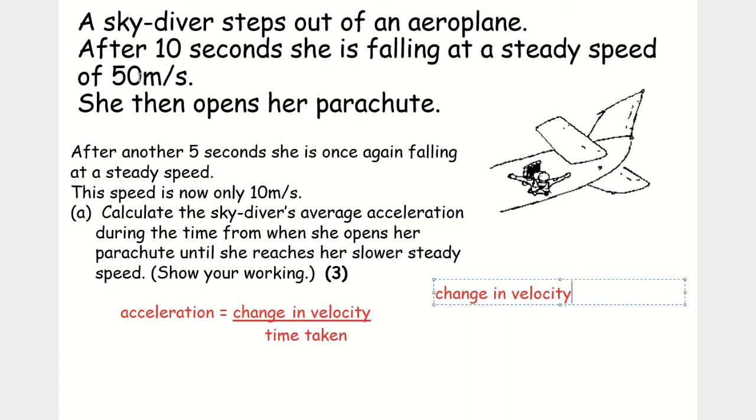That's the speed at the start, and then we open our parachute and then it's only 10 meters per second. So we've gone from 50 to 10. We write down the end speed, which is 10, take away the initial speed, which is 50, and that gives us minus 40. And that is your change in velocity. It's minus 40 meters per second, and it's minus because you have slowed down.